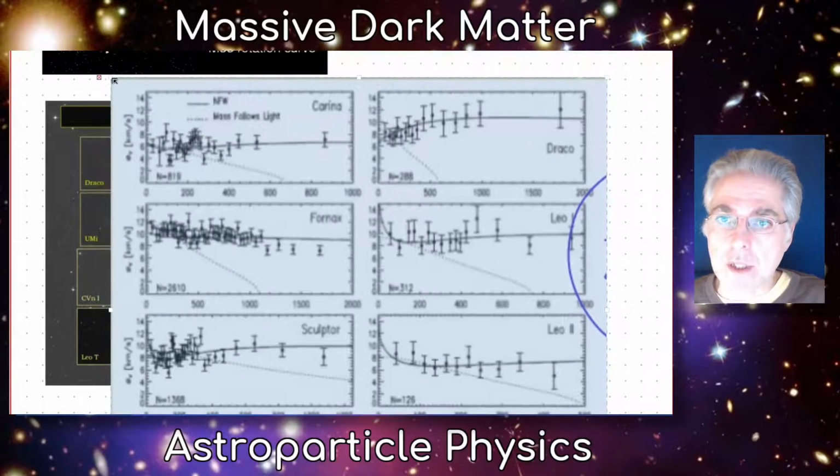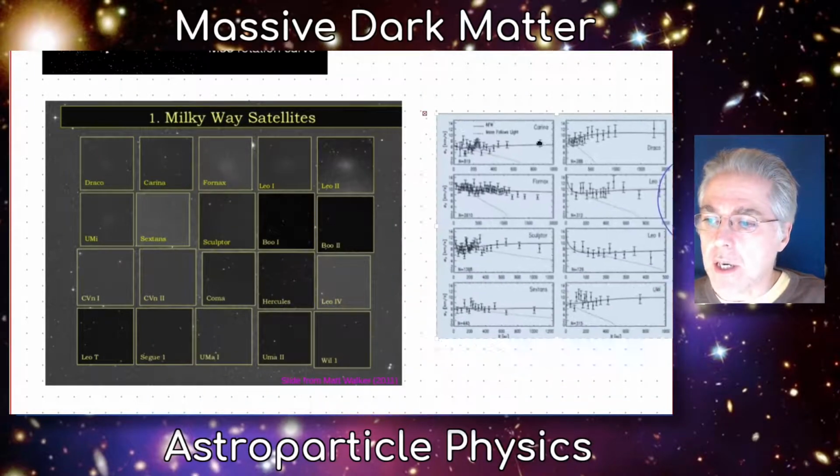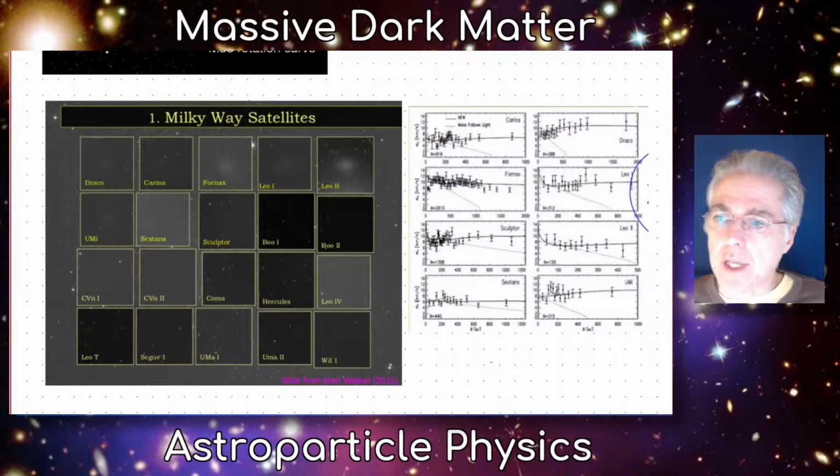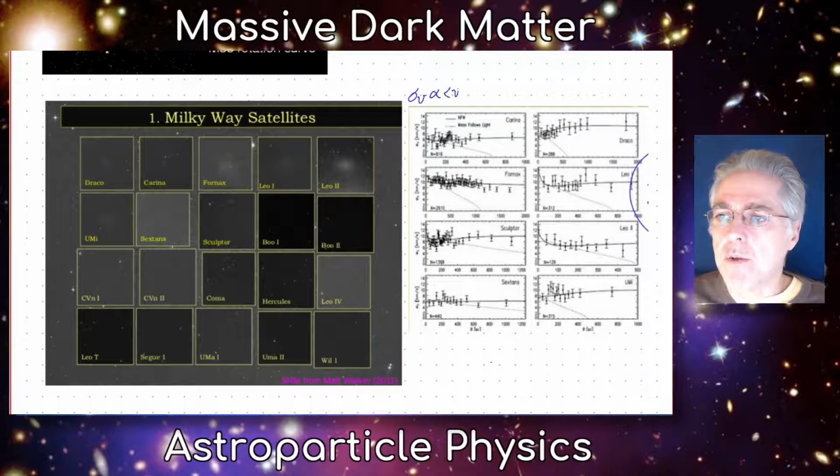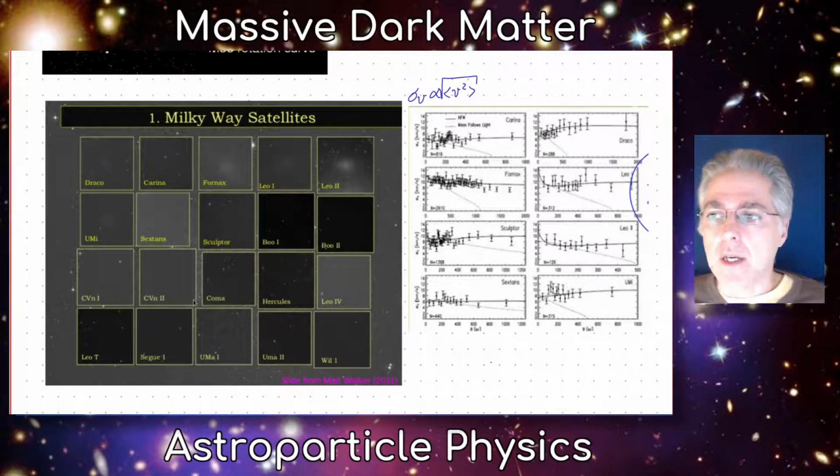And so this is an example of these kinds of stellar systems, and they are very similar. What's plotted here is sigma v, the square root of the velocity variance, as a function of radius in parsec.